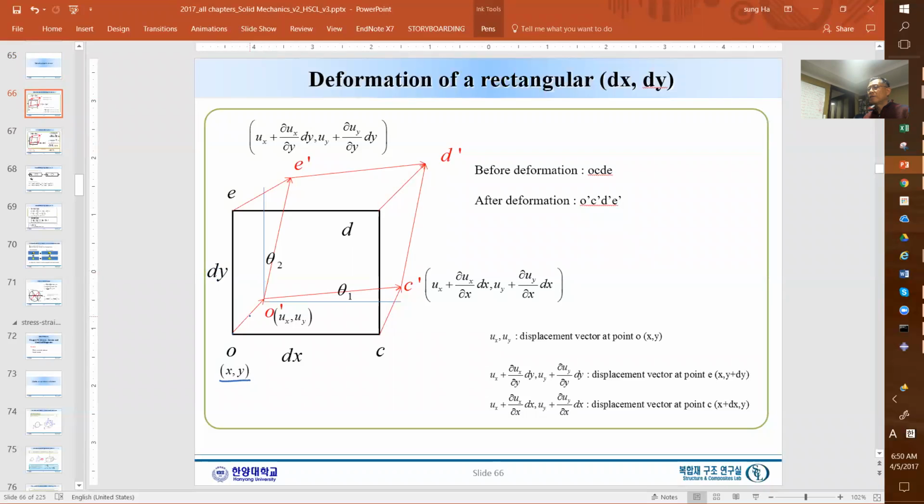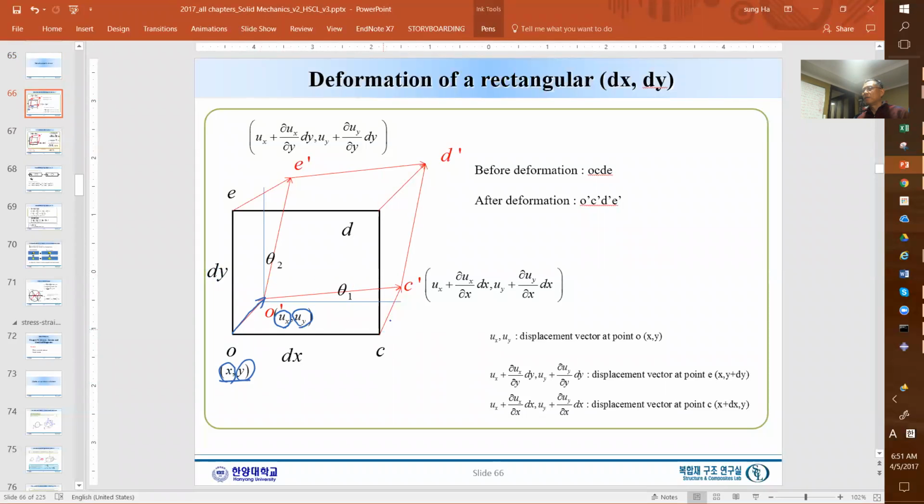Now this rectangle will deform, and each corner will have a different coordinate. O will move to O prime, with an x-directional displacement and a y-directional displacement.